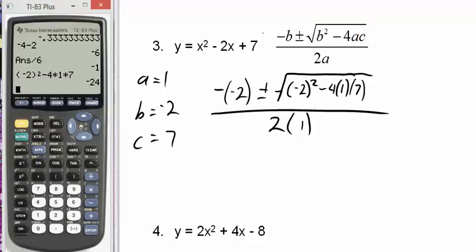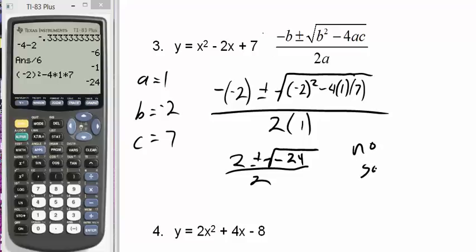That's right, I'm going to get a negative number. So, this minus a negative 2 is just 2 plus and minus the square root of negative 24 all over 2. But, because this is negative, the answer is no solution.